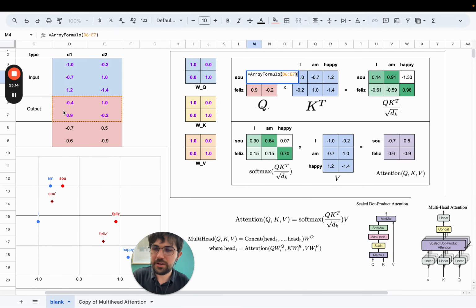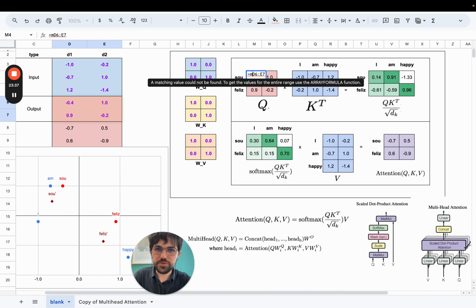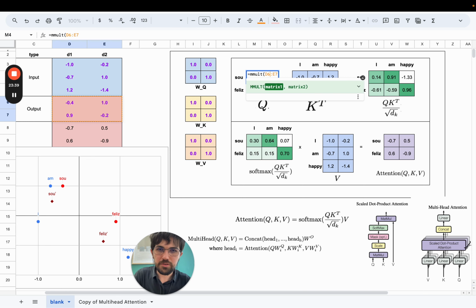So instead of having my output here and my inputs, what I'll have is this product of the query and the weights. My original query here is the output, and I'll do a matrix multiplication of my original query with the weights for the query.